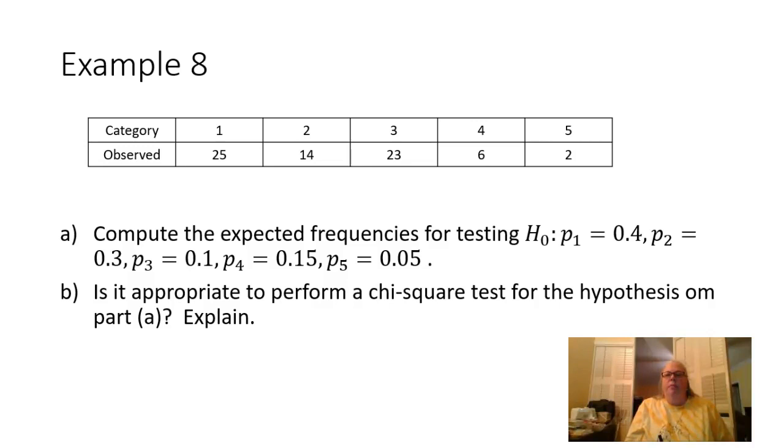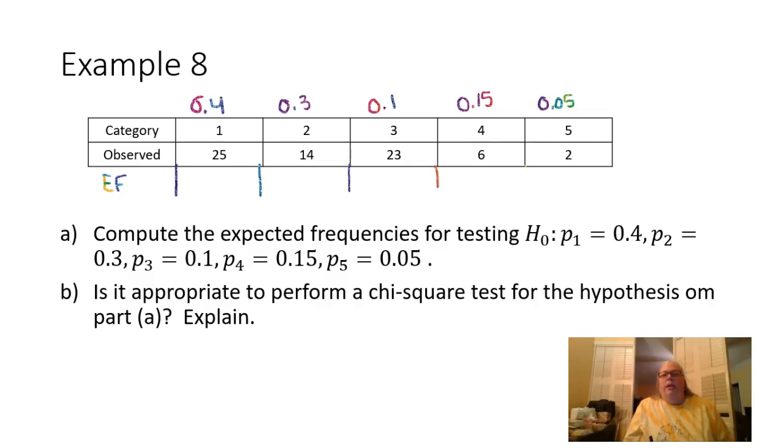Okay, so once again, I'm just going to write the probabilities right here above in the table. So 0.4, 0.3, 0.1, 0.15, and 0.05. And I am going to add another row down here for our expected frequencies.